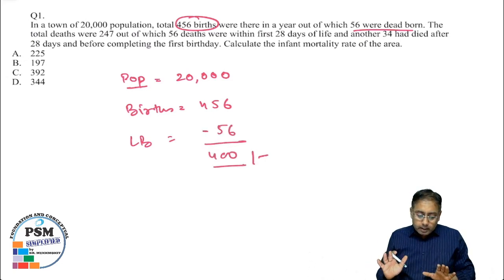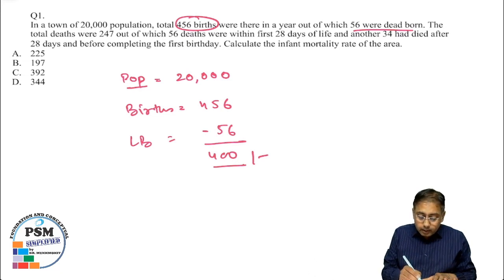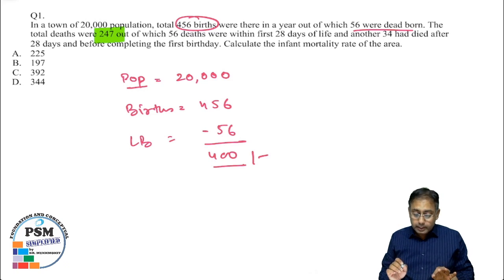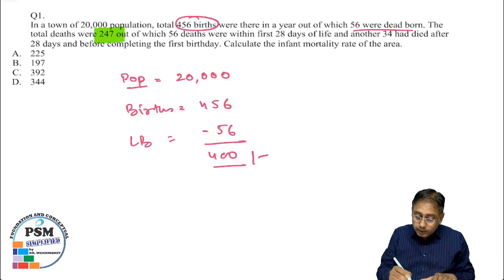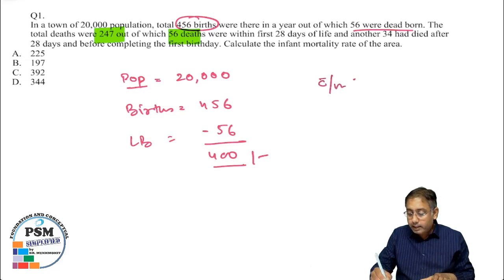Done. The total deaths that were reported, so I'll highlight the color again: 247 deaths were reported, out of which 56 deaths were within 28 days. That's important for me, that within 28 days, that is the neonatal death.